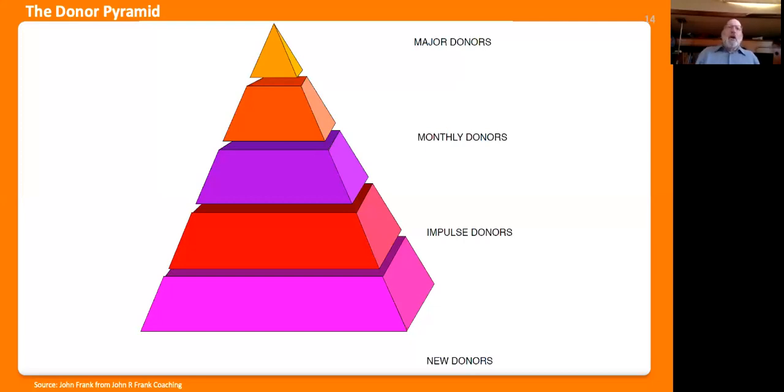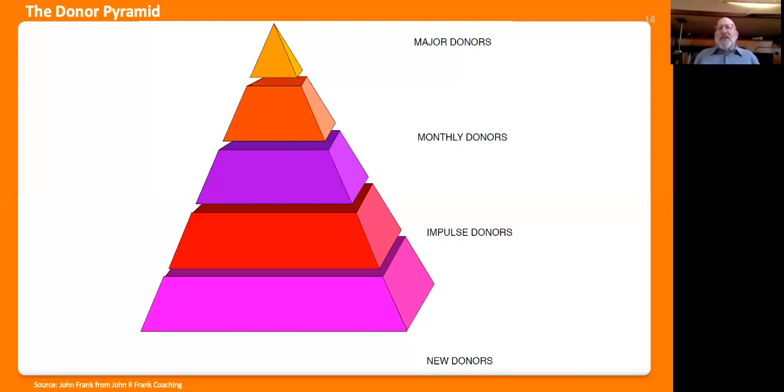On your lists of most medium to large organizations where you have in the 10, 20, 50, 100,000 names, there will always be a percentage that are these first three groups: major donors, monthly donors, impulse donors. Then what you have are lapsed donors, meaning they gave at some time in the past, or non-donors.